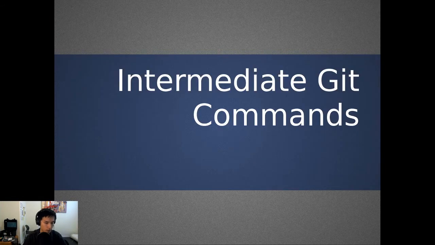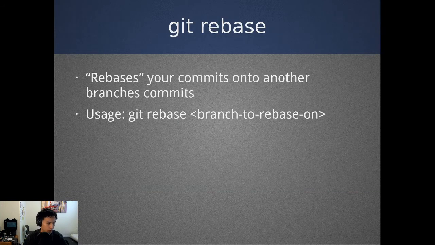Next, some more intermediate commands. First is git rebase. Git rebase, like its name implies, rebases your commits onto another branch. Basically, you're doing some work on your own branch, and then the branch that your work was based off of, the point where it diverged, has made some advances.